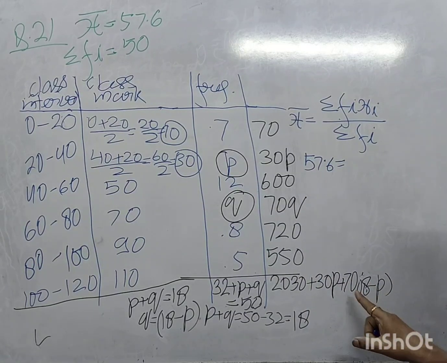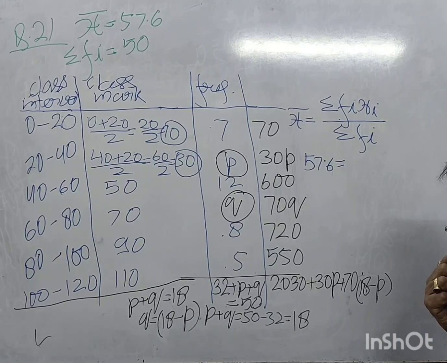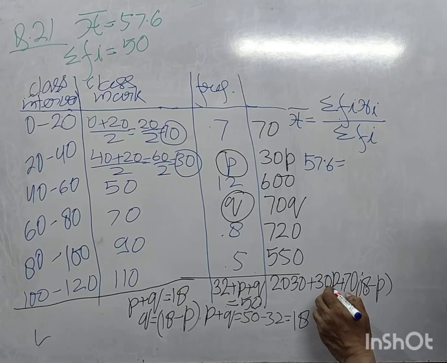Now 70 into 18: 8 times 7 becomes 56, 6 and 5 carry, 1 times 7 becomes 7, plus 5 is 12. So 1260.